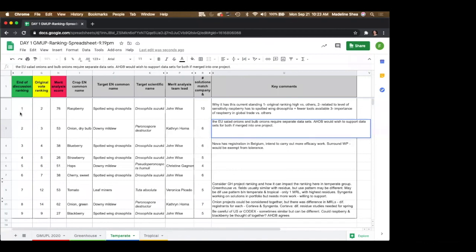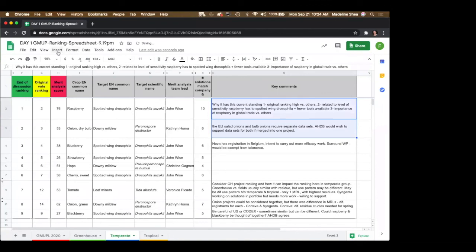They received high merit analysis scores, and in both cases, registrations for those first 2 would have positive impacts on other crops that were included in this process. So that's unique, I think, for those 2, and it builds some confidence that the process is working correctly.